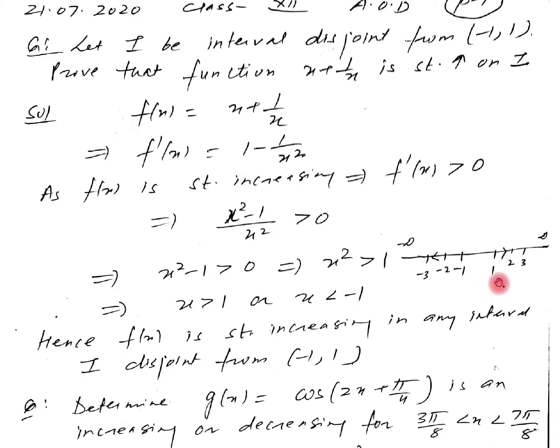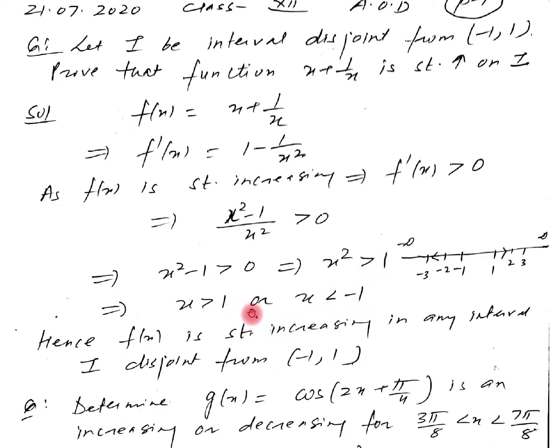We are getting x square greater than 1. Then the square of all numbers greater than 1 will be greater than 1. Similarly, if I take all numbers less than -1, their square is again greater than 1. We can easily solve this inequality. If x square is greater than 1, then x is greater than 1 or x is less than -1.